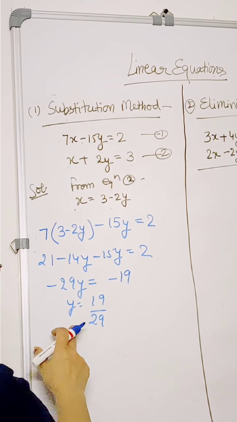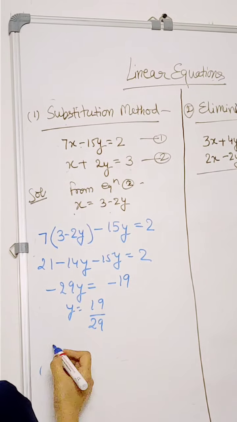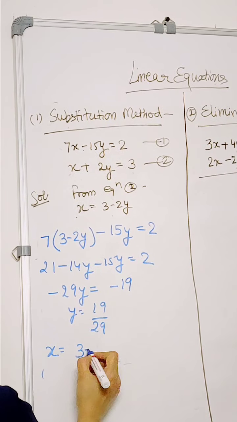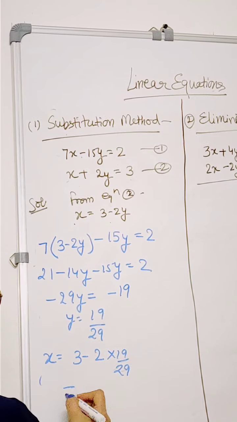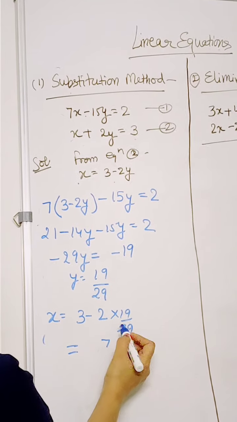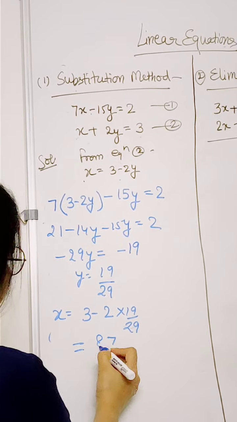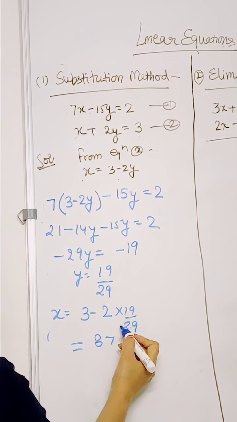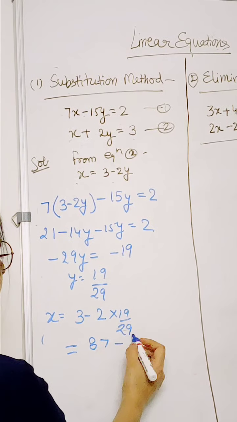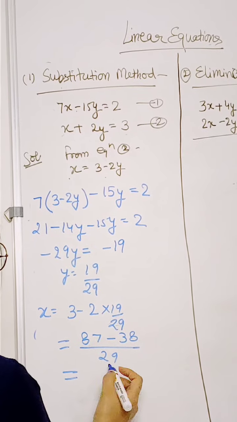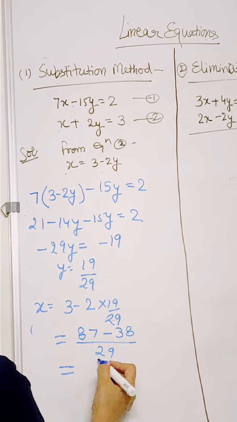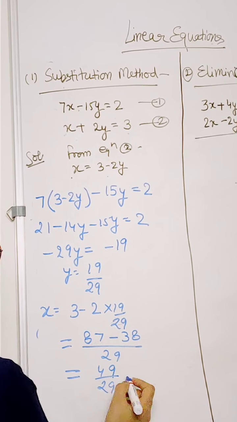Now we put the value of y in x, we get x is equal to 3 minus 2 into 19 upon 29. 3 times 29 is 87, minus 38 upon 29 is equal to 49 upon 29.